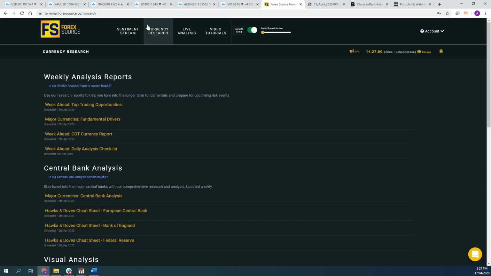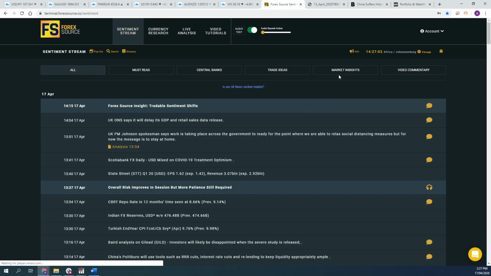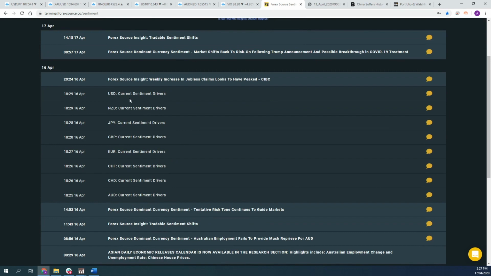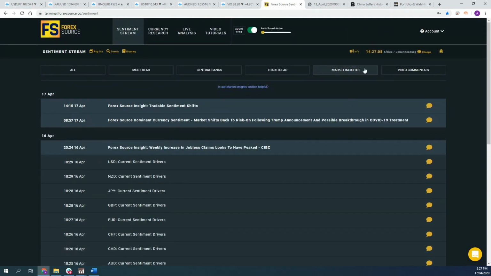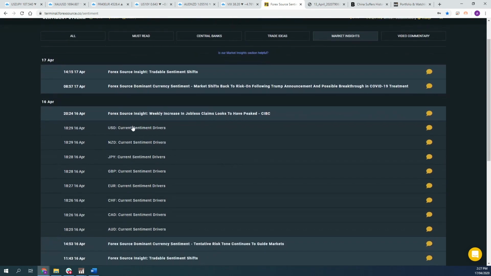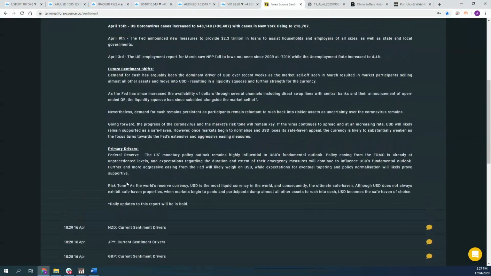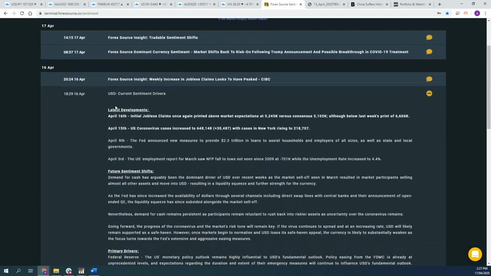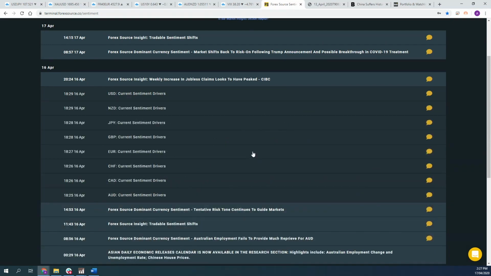Then taking a slightly more short-term look at macro fundamentals, but also including the macro fundamentals, would be the current sentiment drivers reports that you can find in the market insights tab. That'll give you the primary drivers for each of the major currencies, as well as the potential future sentiment shifts and the most recent or latest developments that are currently affecting that currency. Now, that is from the bigger picture view.